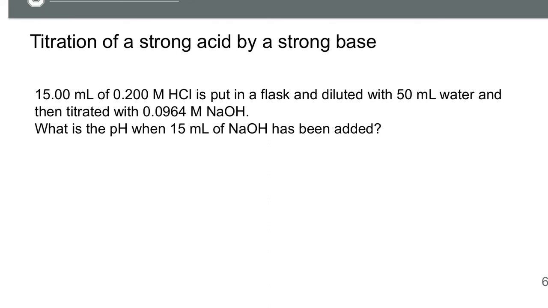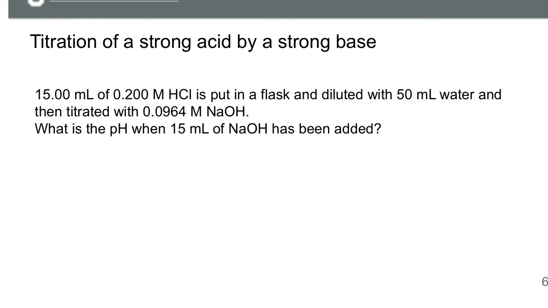So we need to do a reaction table, and figure out how many moles of H plus are going to be left over after we've completely reacted with the hydroxide, and then determine the pH based on the excess.